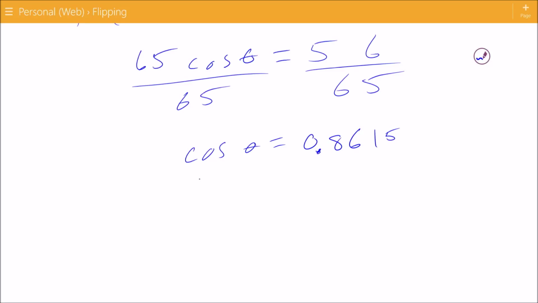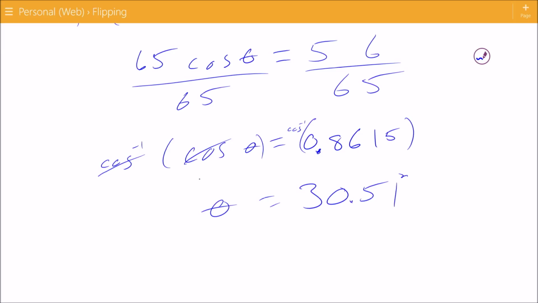Now I need to do the inverse cosine of both sides in order to get out the cosine. And that will leave me with theta is equal to 30.51 degrees.